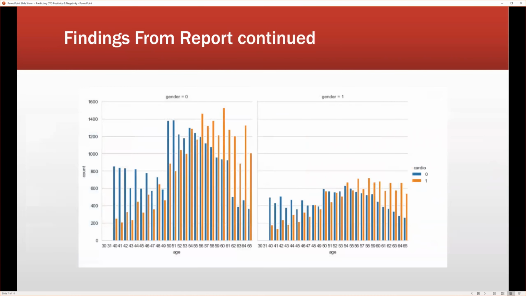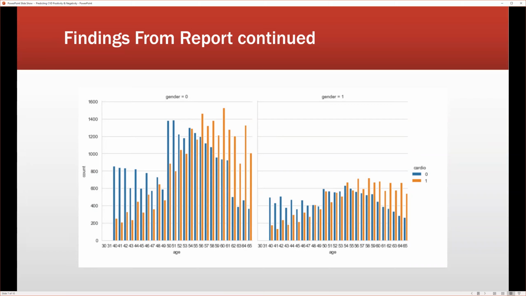All right. And for the report continued, we have another graph just showing us the age breakdown for both men and women. If you look clearly at the women, you can see that from the ages of 50 to 65, there's a substantial increase in actual positive cases of the disease and a lower trending down of negative cases.